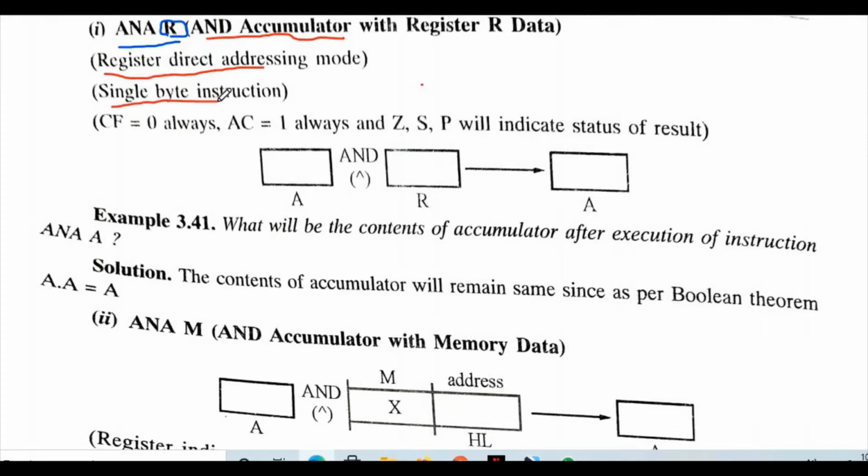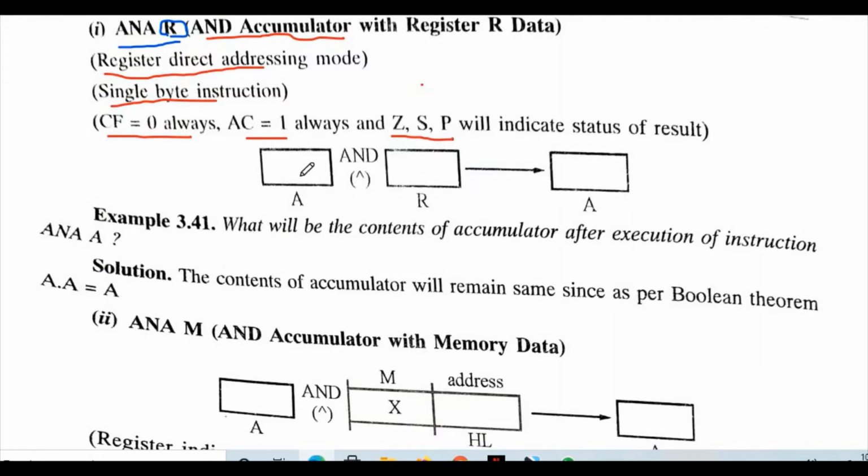In this instruction, carry flag is always 0, auxiliary carry is always 1, and according to the result, the zero flag, sign flag, and parity flag will indicate the status.